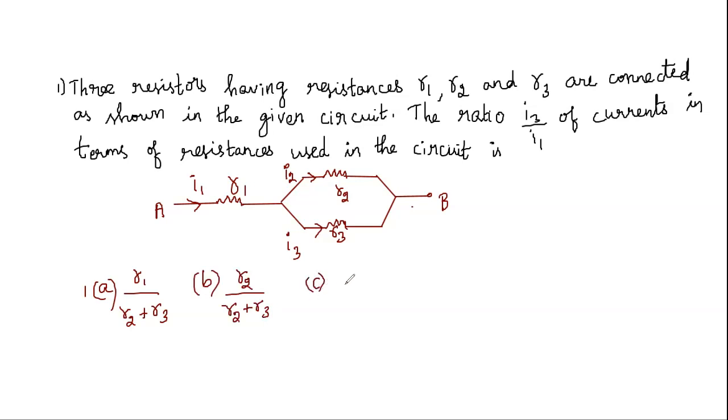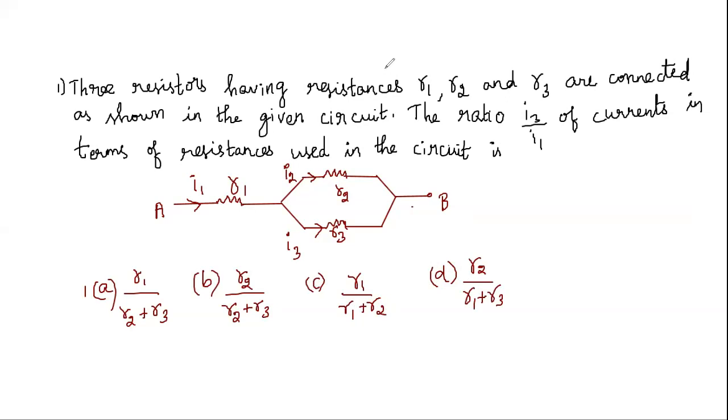Option C is R1 by R1 plus R2. And option D is R2 divided by R1 plus R3. This is the question, and this is the circuit. You have to find out the ratio I3 by I1.